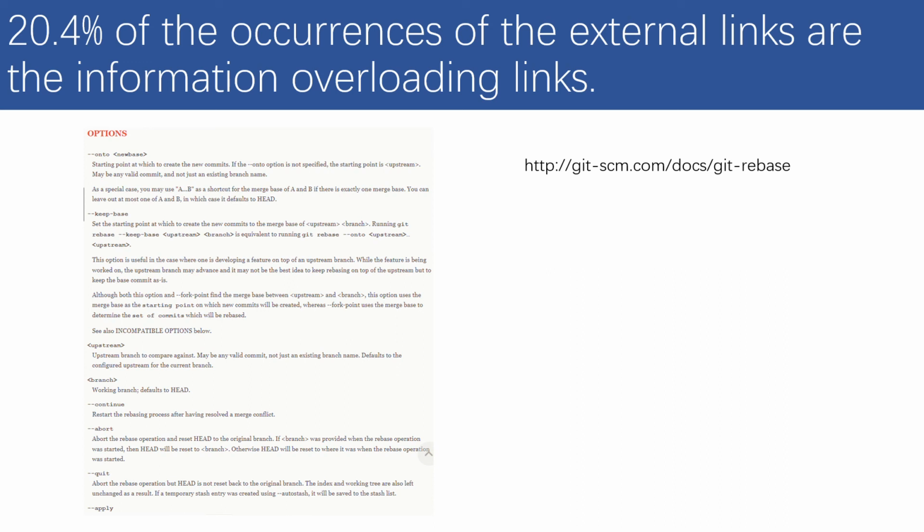For example, this link points to the official documentation webpage that describes the details of the git rebase command. Such an external link is repeatedly shared in 87 distinct tags such as git rebase, branching and merging, git interactive rebase, and git filter branch. Most of them cover a wide range of knowledge related to the git rebase command.